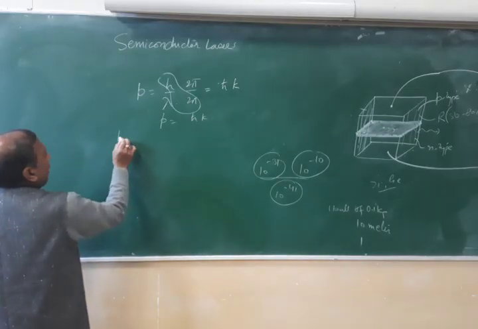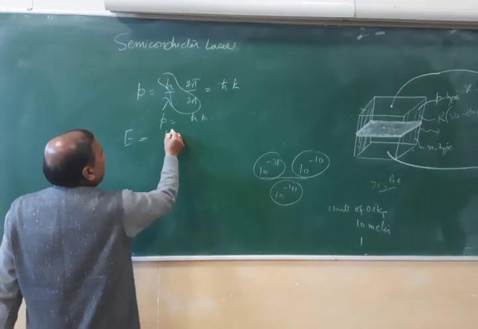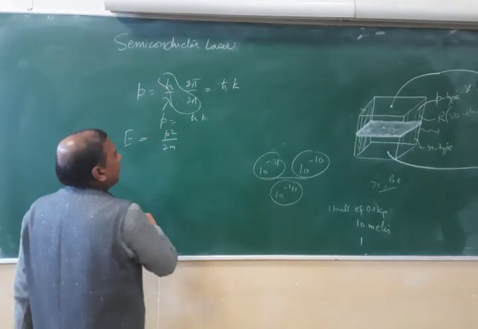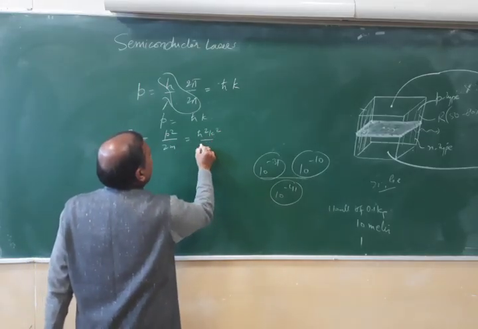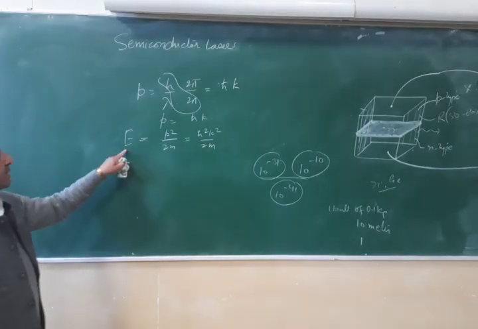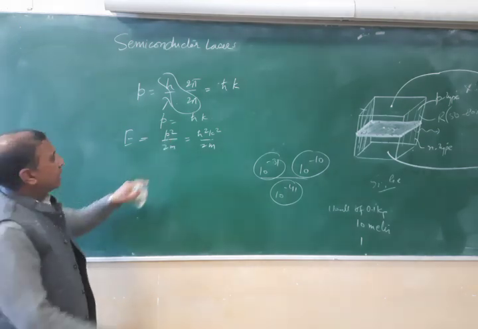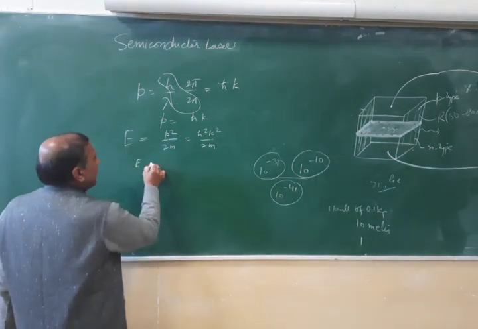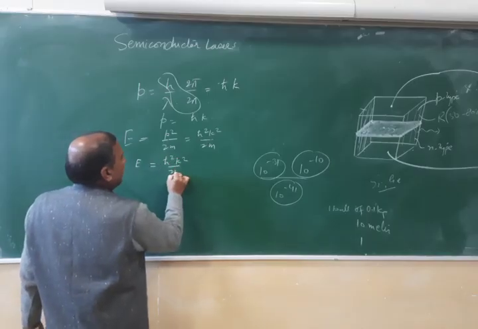Now you know the energy of the particle is p square by 2m. So in terms of wave property, this will be h cross square k square upon 2m. Okay, so this is the relation between energy and wave vector, and here it is for energy and momentum. So here E, when we consider the motion of the electron like a wave, the relation is E equal to h cross square k square by 2m.